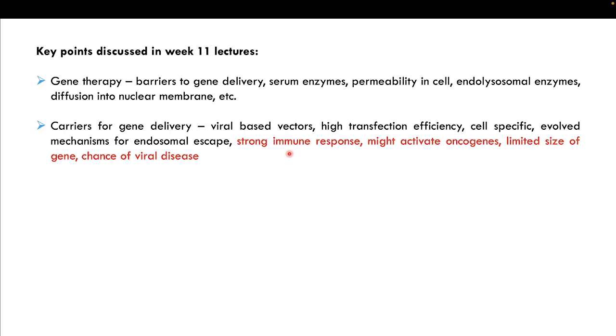So what this will do is, your virus already knows how to overcome all of these barriers. It has a very high transfection efficiency. It knows where to go, which cells to target, how to evade these endolysosomal enzymes, how to protect its own genome from getting degraded. So what these viral vectors will do, this is a live virus.